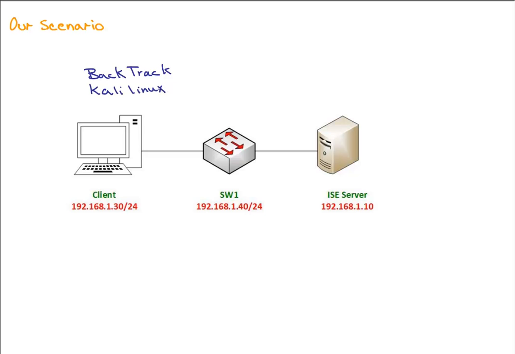It's very, very simple. These distributions of Linux were originally developed for penetration testing, but they include very, very dangerous tools. So your authorized users could use these tools to intrude your network and make very, very dangerous problems.